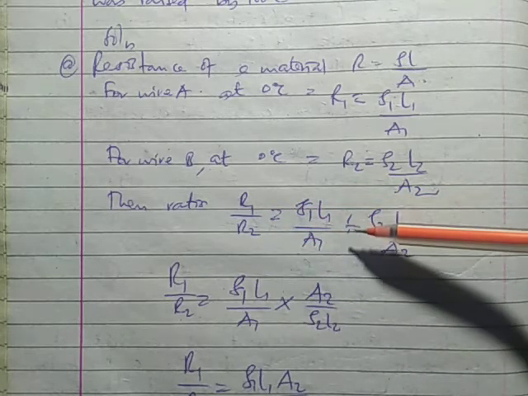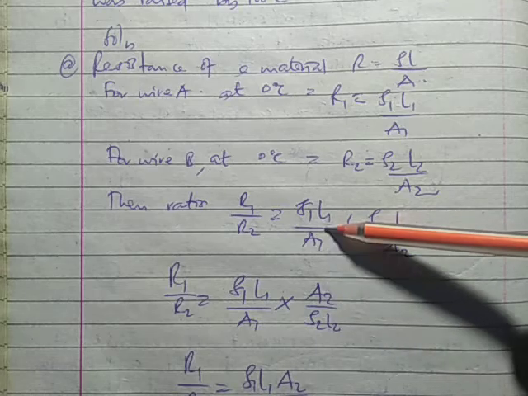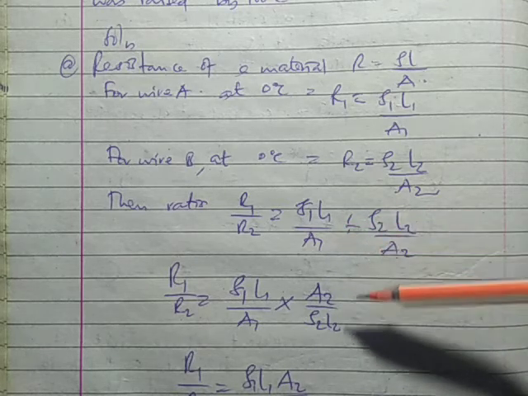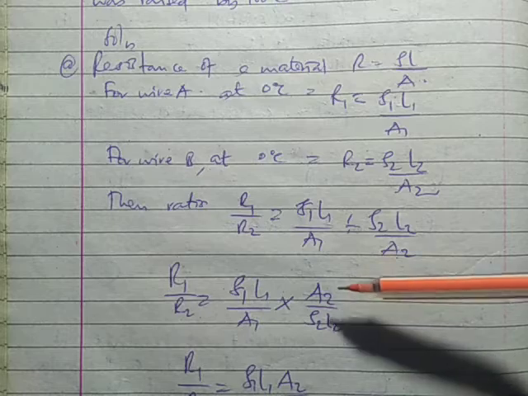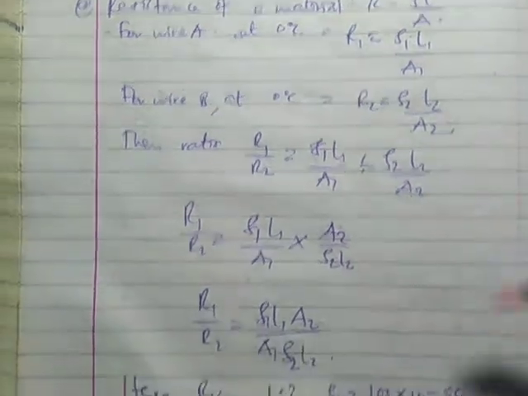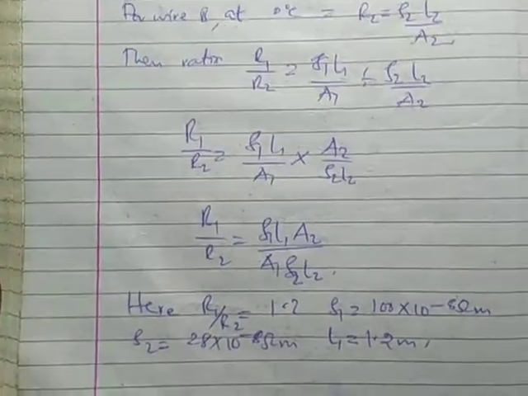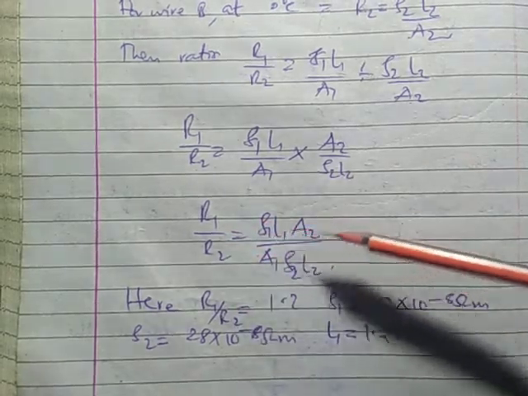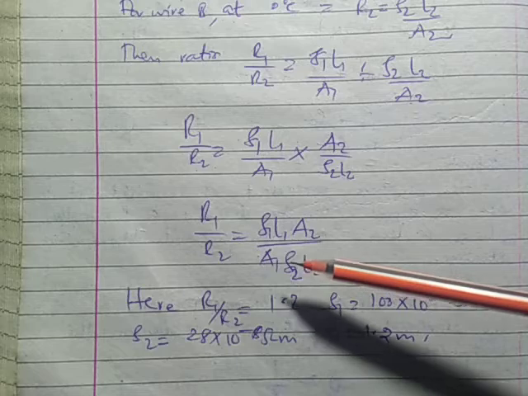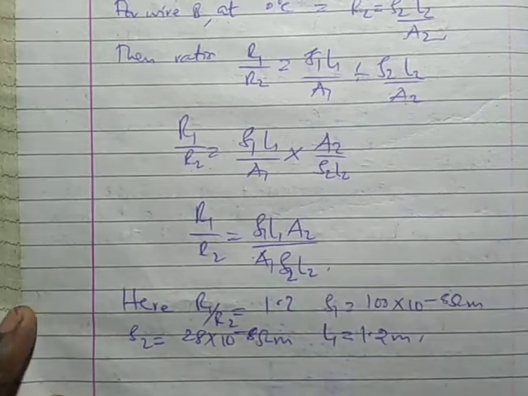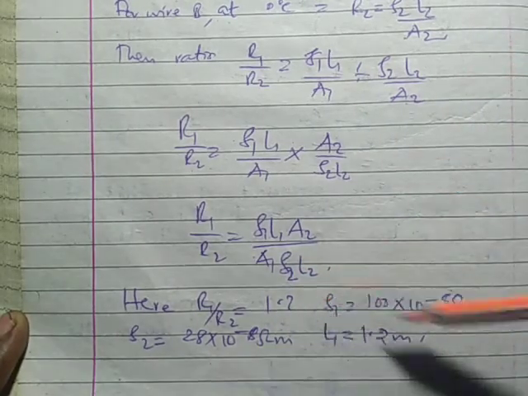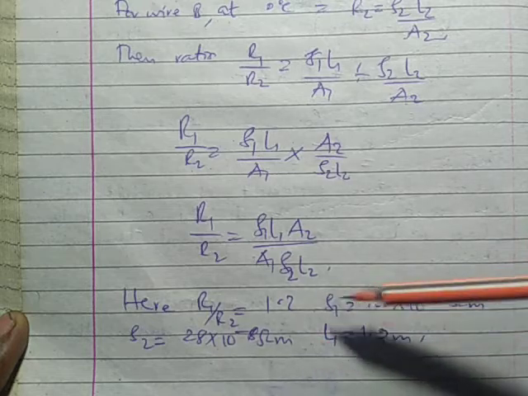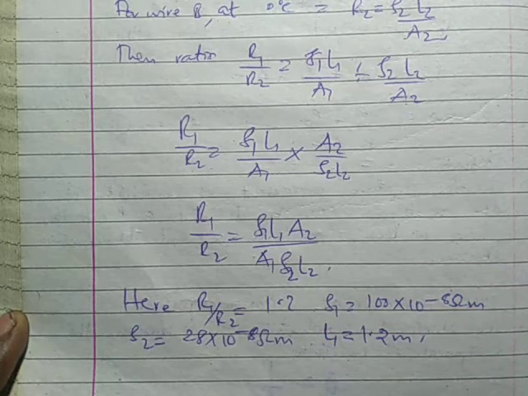It will be resistivity 1, length 1, area 1, times area 2 divided by resistivity 2, length 2. So finally we end up with R1 divided by R2 equal to resistivity 1, length 1, area 2 over area 1, resistivity 2, length 2. Then you are just solving for them.